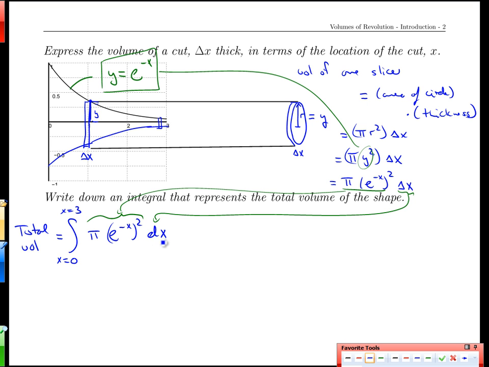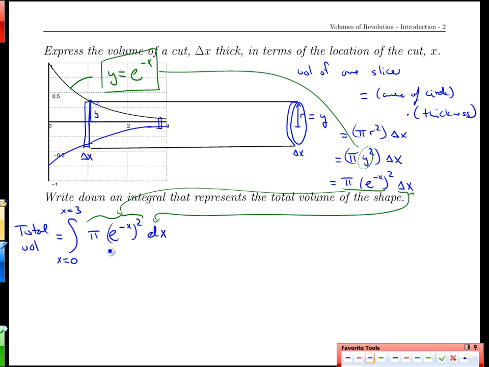We're integrating with respect to x, so 0 and 3 are the locations of the first and last slices. And that's it. That's our first derivation of an integral representing a volume obtained by revolving, that's the revolution, the curve y equals e to the negative x around an axis.